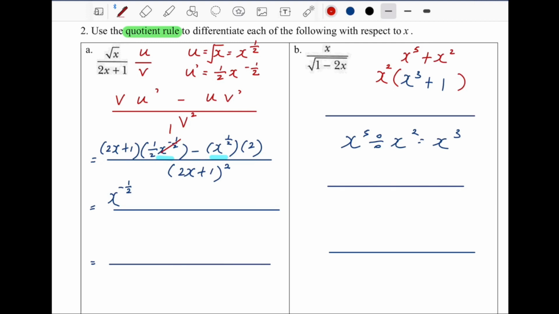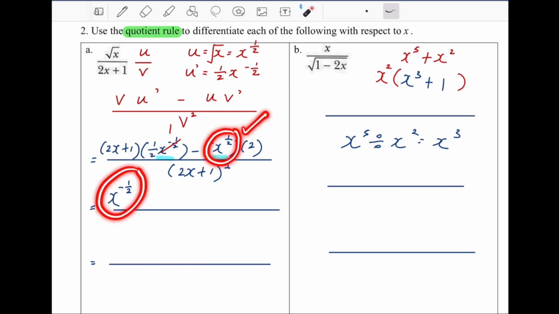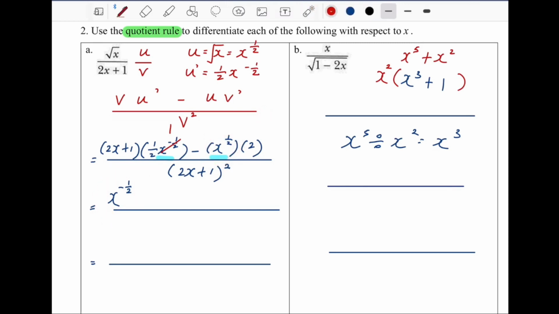But how about this part? When you have x power 1 over 2 divided by x power negative 1 over 2, what is left? I told you, when you take out something, you factorize it, it is the same as division.